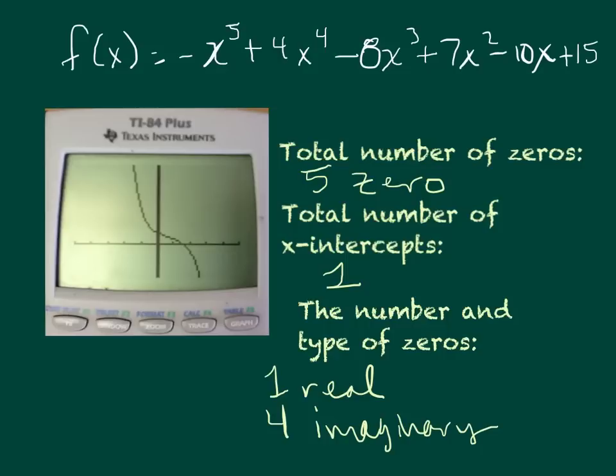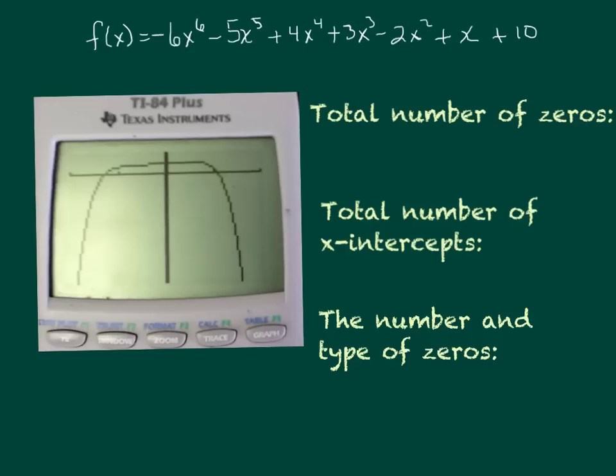The x-intercepts will determine the number of real zeros, and then the rest of the number that you have would determine the imaginary ones. The total number of zeros for this one could be 6. The total number of x-intercepts is 2, which means you have 2 real and 4 imaginary.